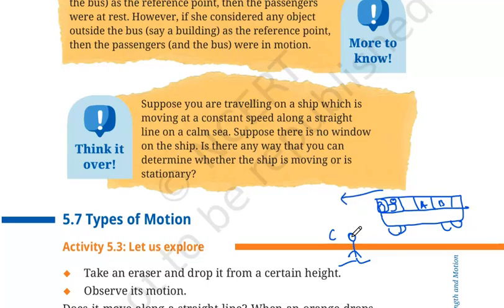If you ask C, the person standing at the bus stop, what do you tell about A and B? Are they at rest or in motion? This person will consider the surrounding as the reference point and will see that the bus is changing its position with respect to its immediate surrounding, and hence A and B are also changing their position. Therefore, for C, A and B are in motion.